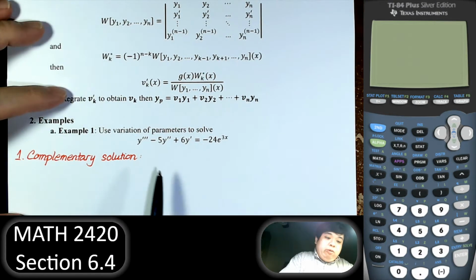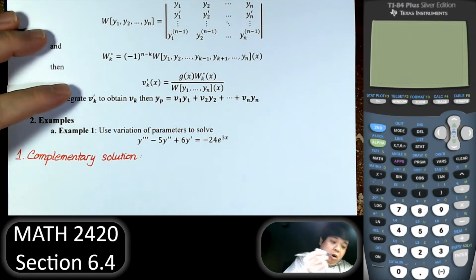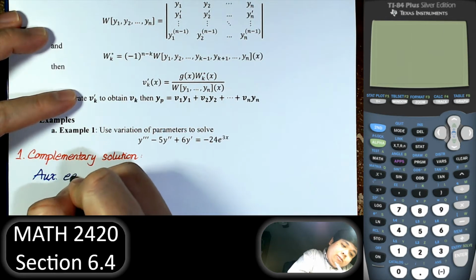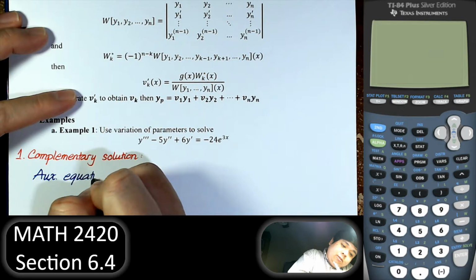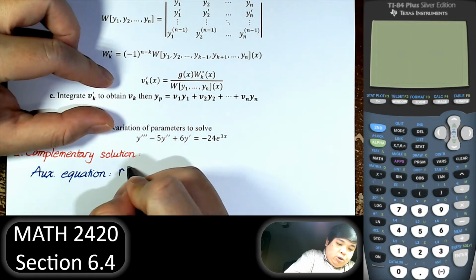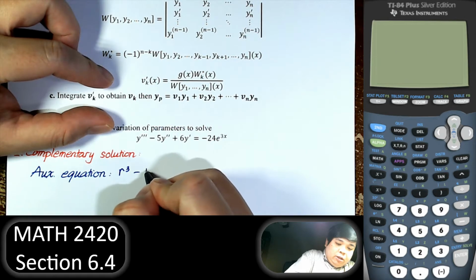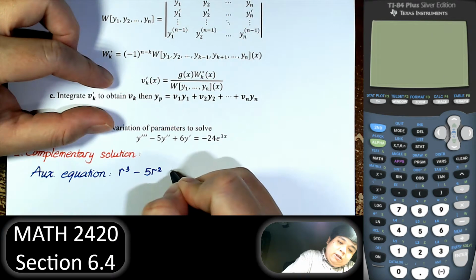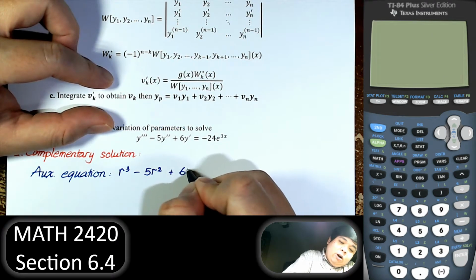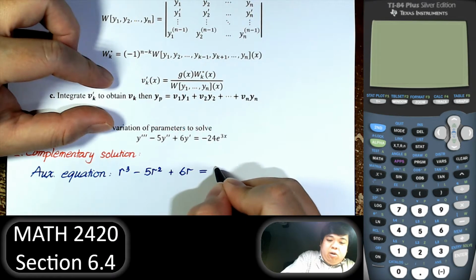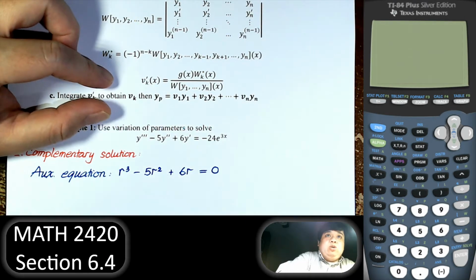So from here we write the auxiliary equation: third derivative r cubed, second derivative r squared, derivative r, and the auxiliary equation is from the homogeneous equation, so that will be equal to 0.